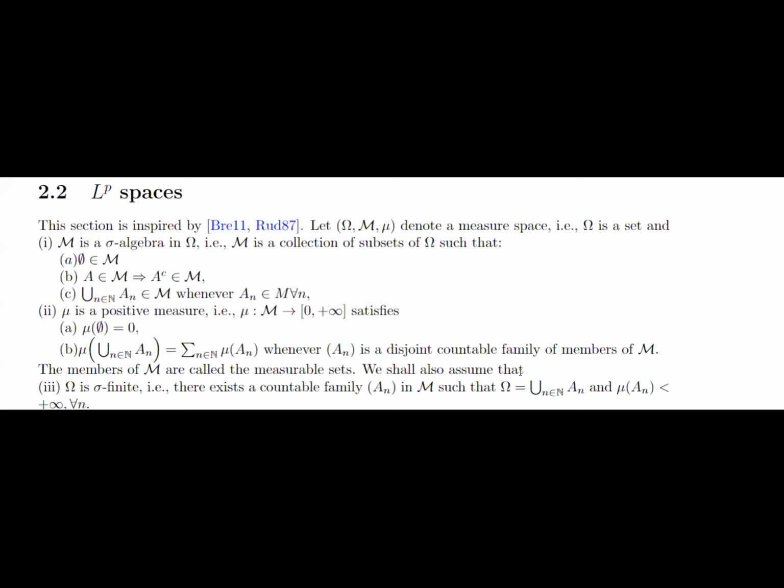We should also assume that omega is sigma finite, meaning that you can write omega as a union of subsets, and each subset has a finite measure.